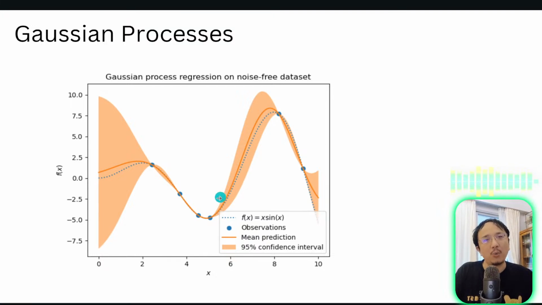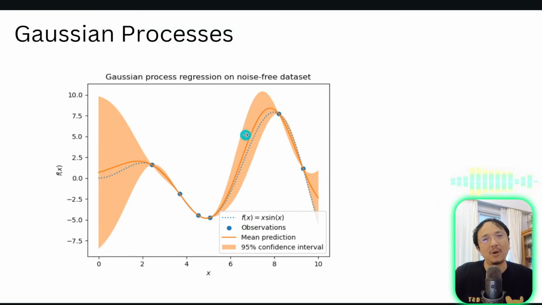So we don't give just one prediction, we give a range of predictions. We give a prediction as a random distribution. We are not giving one prediction, we give a probabilistic prediction.